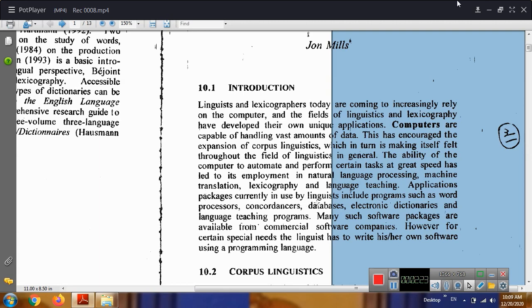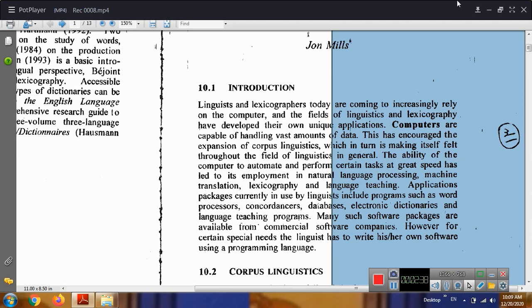Application packages currently in use by linguists include programs such as word processors, concordancers, databases, electronic dictionaries, and language teaching programs.